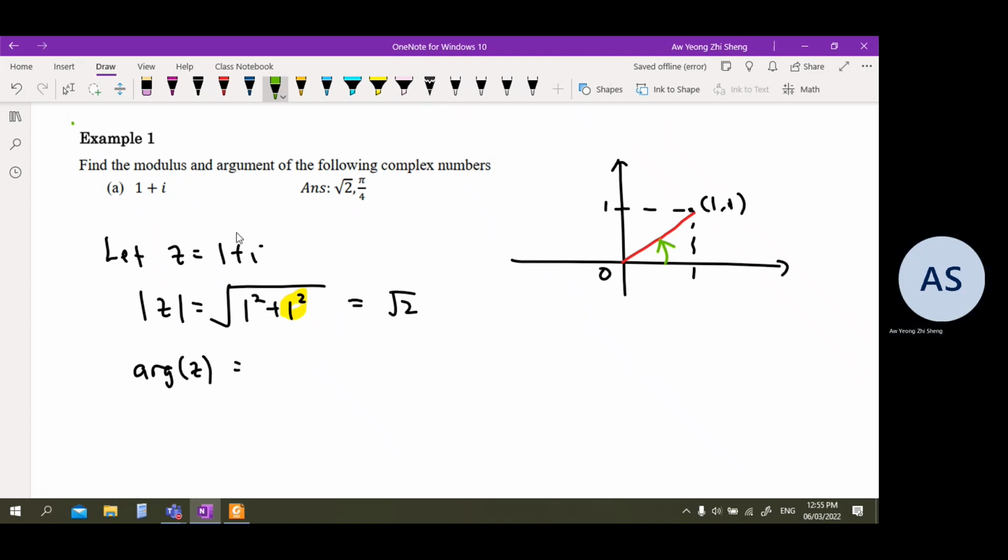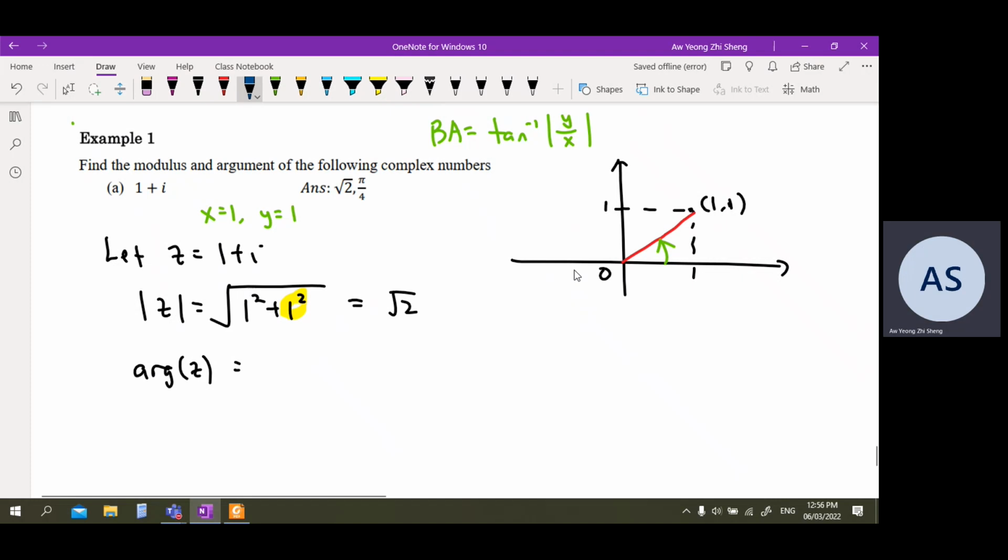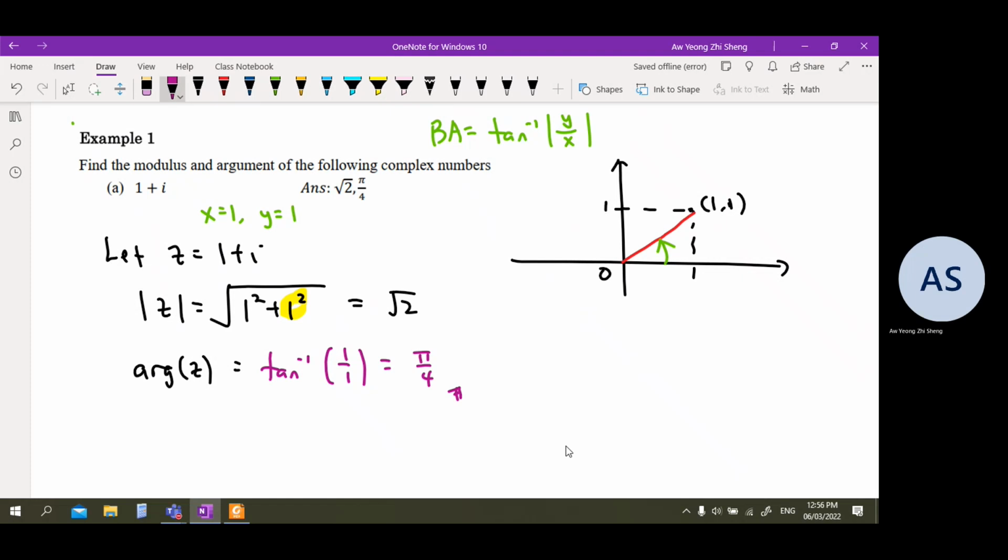On the previous page, you were told that the basic angle is always the inverse tangent of modulus y over x. What is your x and y here? Your x is 1 and your y is also 1. So modulus of y over x is just 1 over 1, so we will just take the basic angle straight away. It is the inverse tangent of 1 over 1, which is just pi over 4. And that's it.